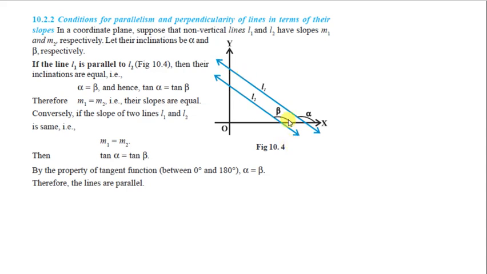Then if the lines are parallel, these two angles will be equal because these are forming corresponding angles, and we know that if the lines are parallel then corresponding angles are equal. It means alpha equal to beta, so tan alpha is also equal to tan beta. It means m1 equal to m2, that is the slope of the first line is equal to the slope of the second line. So this is the condition for parallelism of two lines.